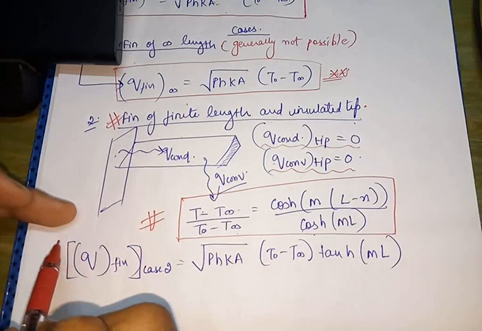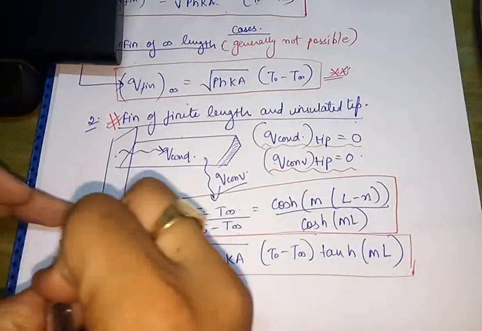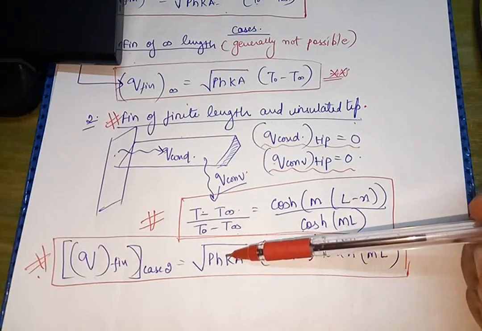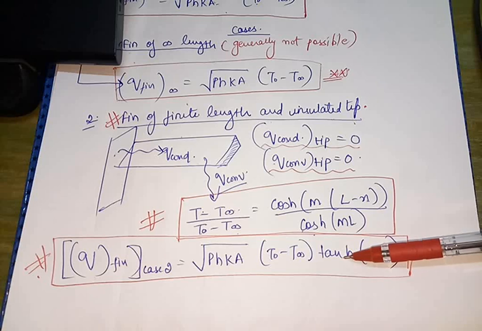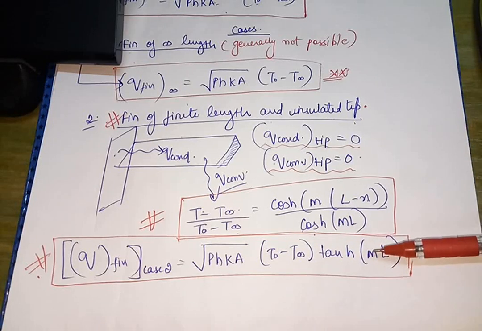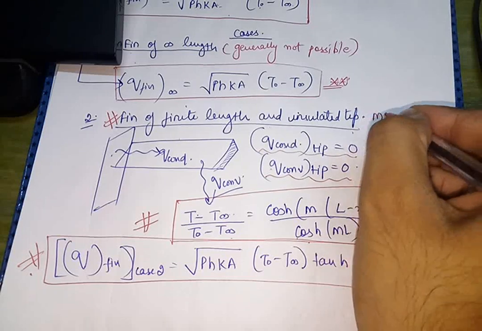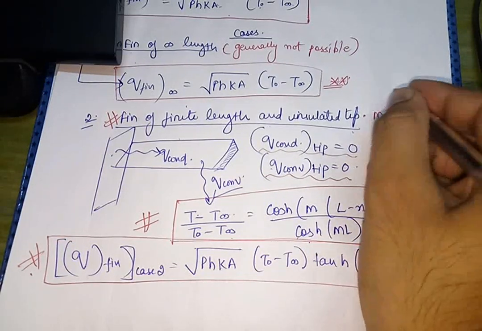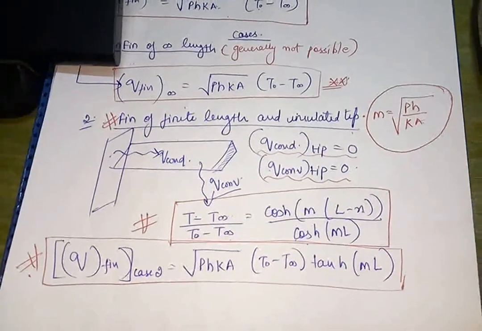This will be the heat transfer equation in case of case 2 fin, that is Q is equal to under root hPkA times (T naught minus T infinity) tanh mL. Here we are having a hyperbolic function of the tan, where the value of m is equal to under root hP by kA.